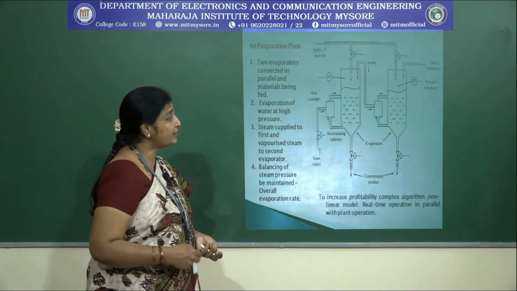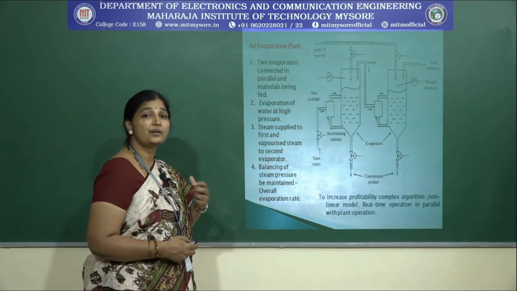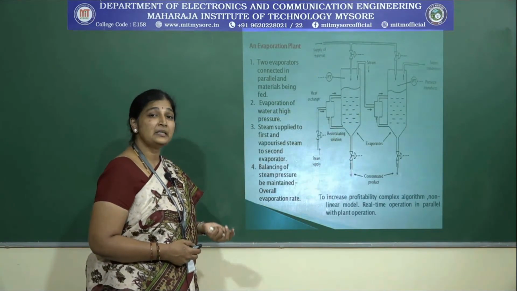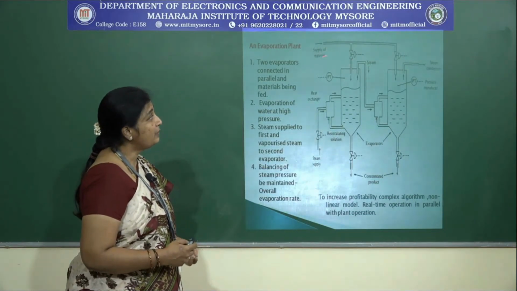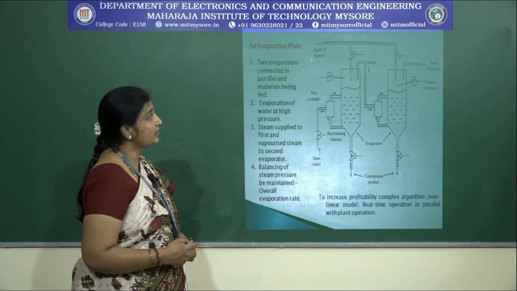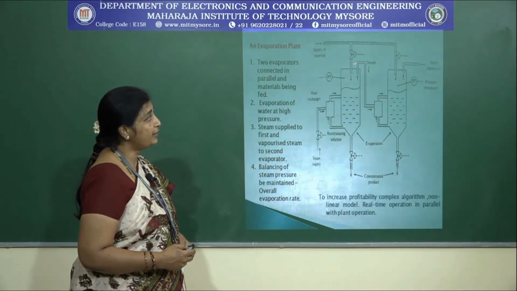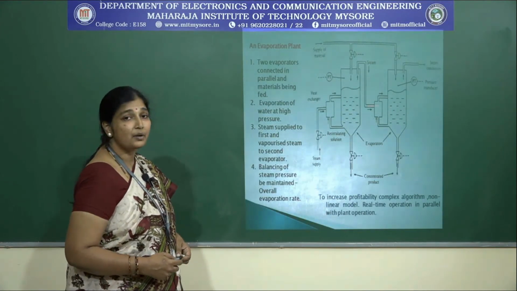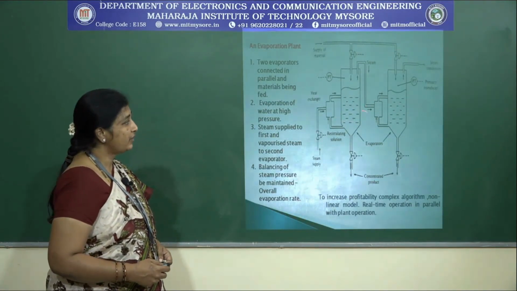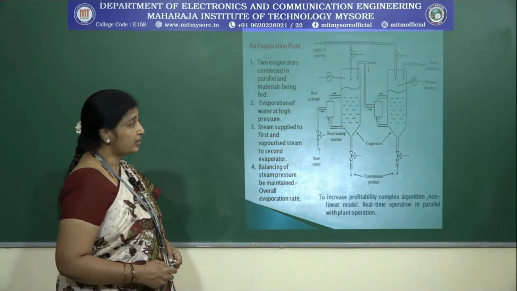In this evaporation chamber, it tries to evaporate water present in any liquid. The first chamber and the second chamber will be fed with materials. Supply materials will be fed through these valves. The dotted lines here indicate the level of liquid present, along with water.